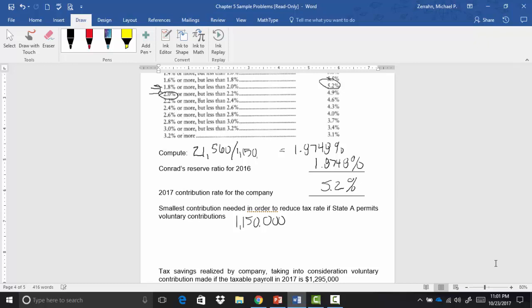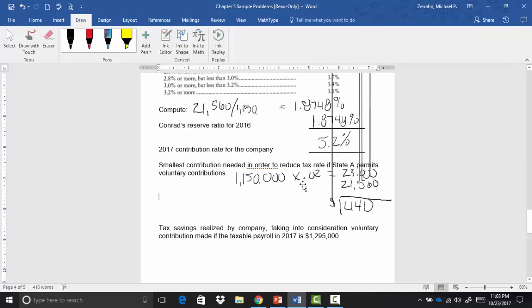So we're going to multiply this by 0.02, 2%, and that's $23,000. We saw up above, we've already paid $21,560. So to get to that next level, we need $23,000. We've paid $21,560, so we need an additional $1,440 to qualify for that next level.